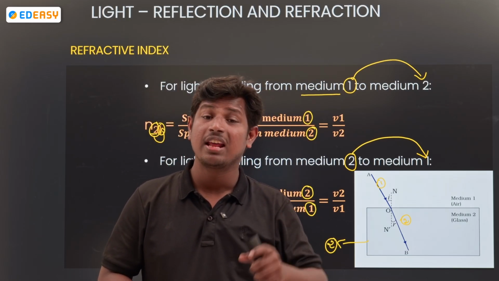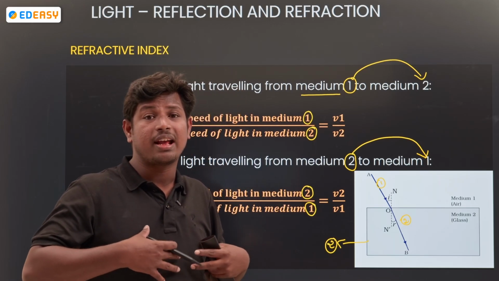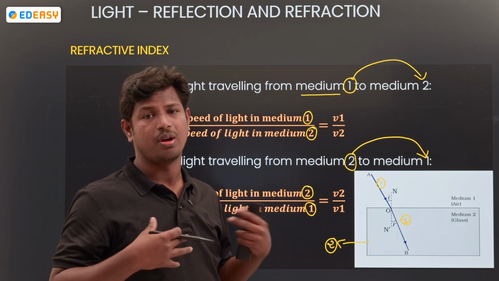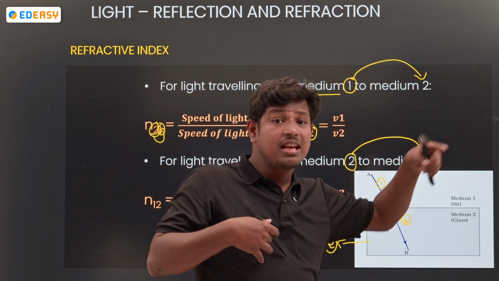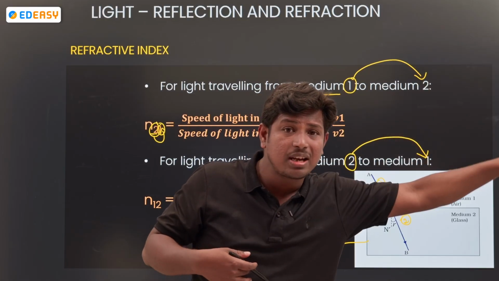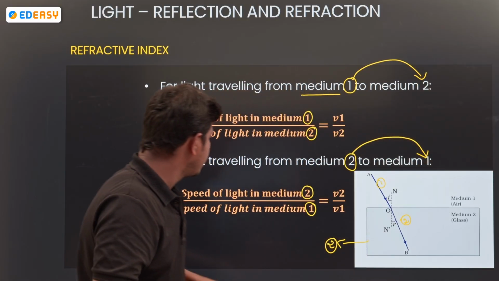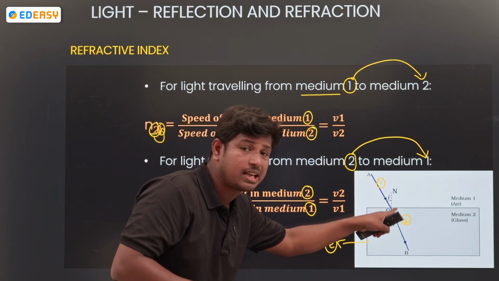Okay, my marks are required compared to my friend. How many marks did I score? If my friend compares with me, that is the refractive index of that particular person with respect to me. Clear? Okay. So see, light is traveling from the first medium to the second medium.